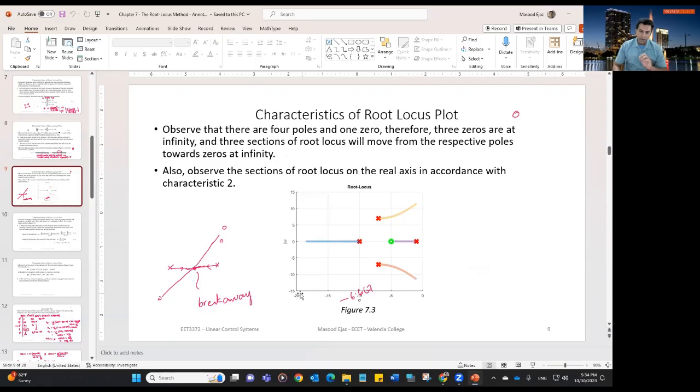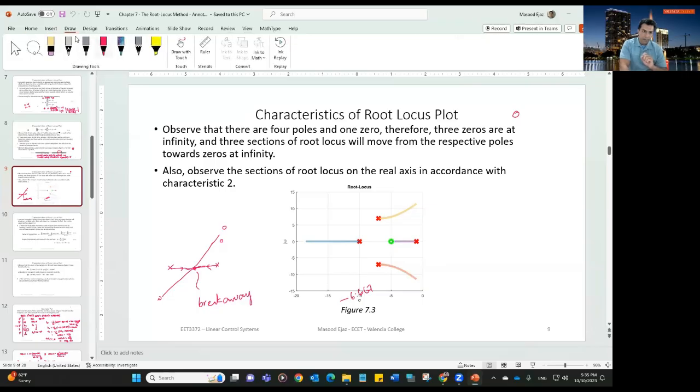You're plotting each root on the S-plane. If this is the S-plane, you take the real part of the root and plot it versus the imaginary part of the root. When I put a cross over here, I'm basically plotting my real part, which is whatever the value is, -5 point something, versus the imaginary part.